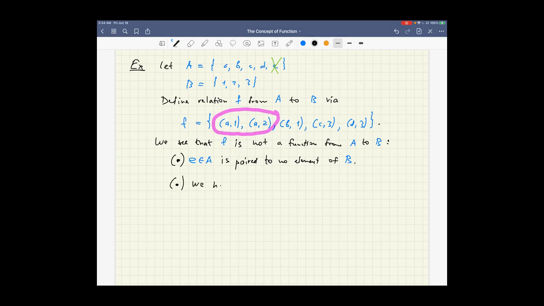We have a paired simultaneously with 1 in B and with 2 in B. And of course, 1 and 2 are not equal.